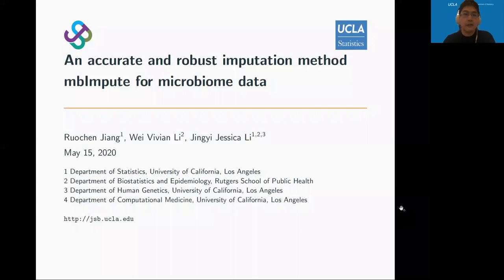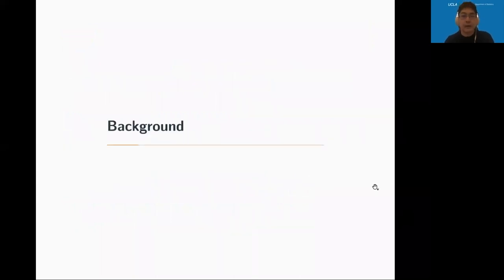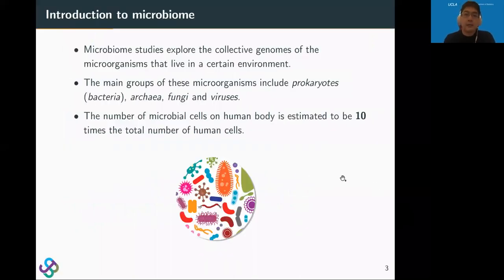So first, I want to introduce some background about the microbiome study. Microbiome studies explore the collective genomes of the microorganisms that live in a certain environment. The main groups of these microorganisms include prokaryotes, namely bacteria, archaea, fungi, and viruses. The number of microbial cells on the human body is estimated to be 10 times the total number of human cells.